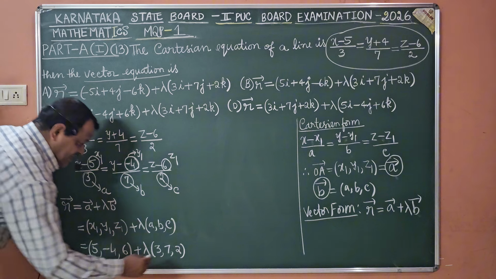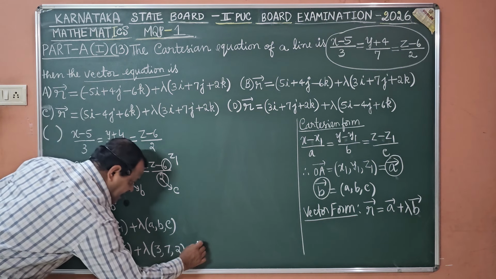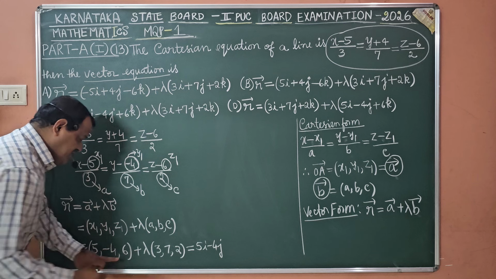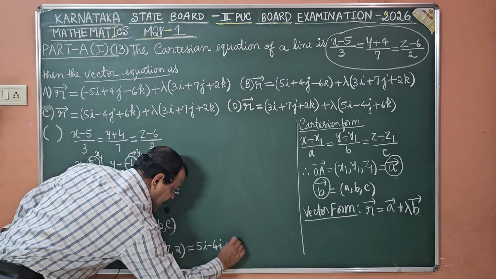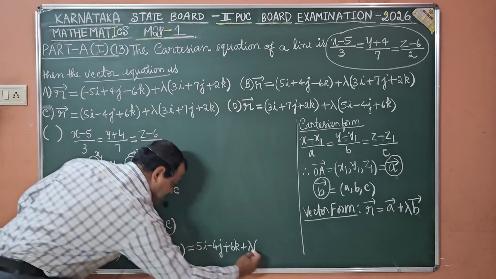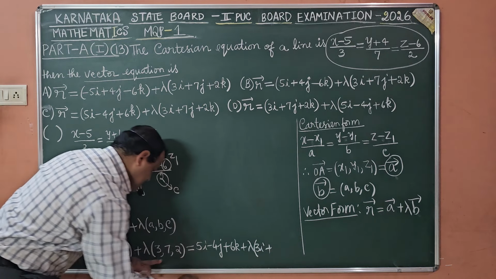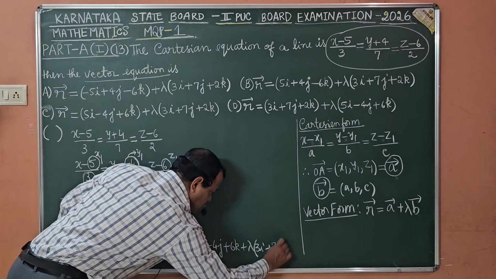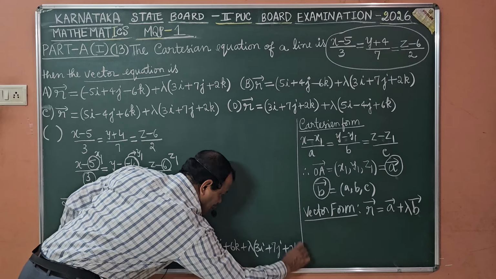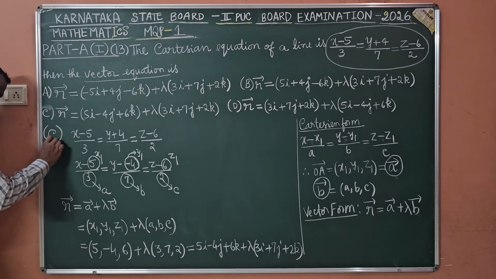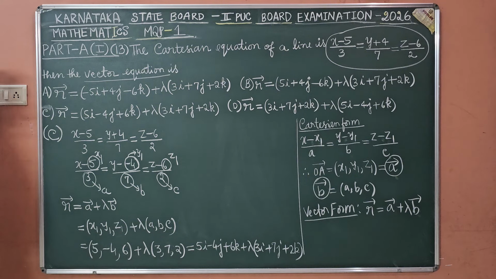Therefore, this is nothing but 5i minus 4j, see, this is minus 4j, plus 6k plus lambda times 3i plus 7j plus 2k, and this is found in option C. Therefore, option C is correct. Kindly go through.